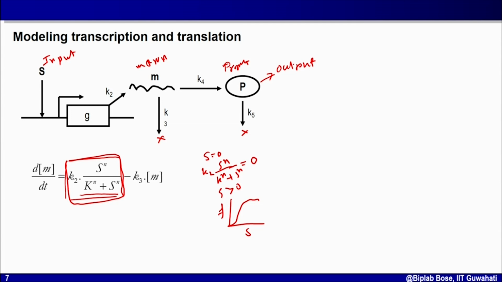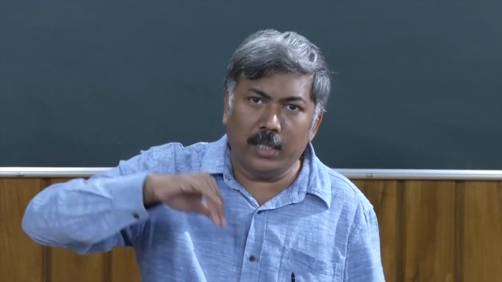So initially when S equals 0, K2 into 0, so the rate is 0, no transcription. As you increase S, S to the power n divided by K to the power n plus S to the power n, this hill function will move towards 1 in a sigmoidal fashion.